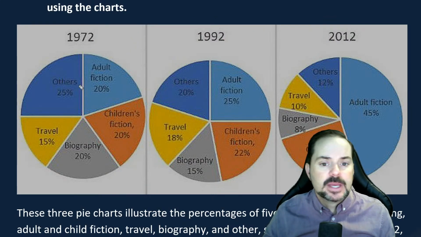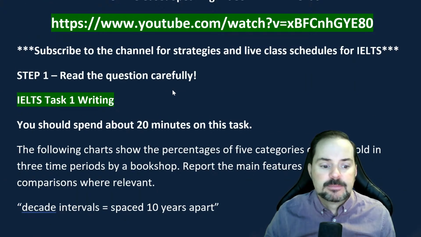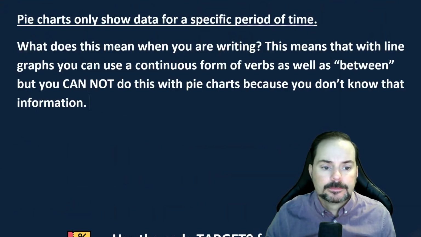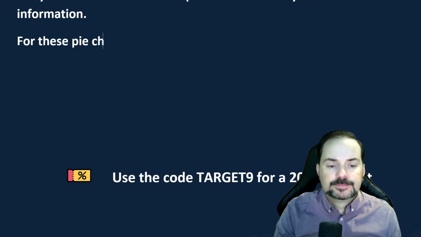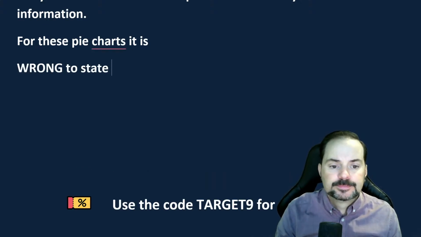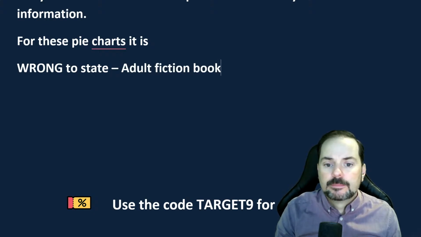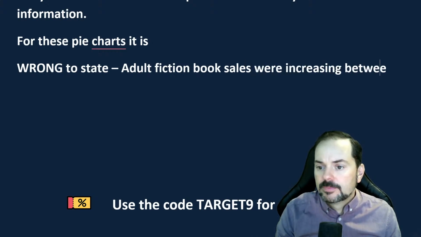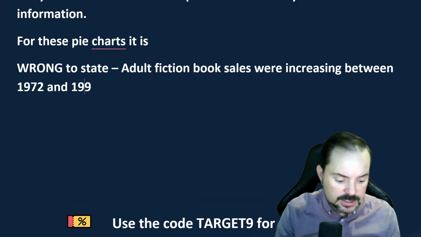So let me make this clear by giving you this example sentence. For these pie charts, it is wrong to state adult fiction book sales were increasing between 1972 and 1992.